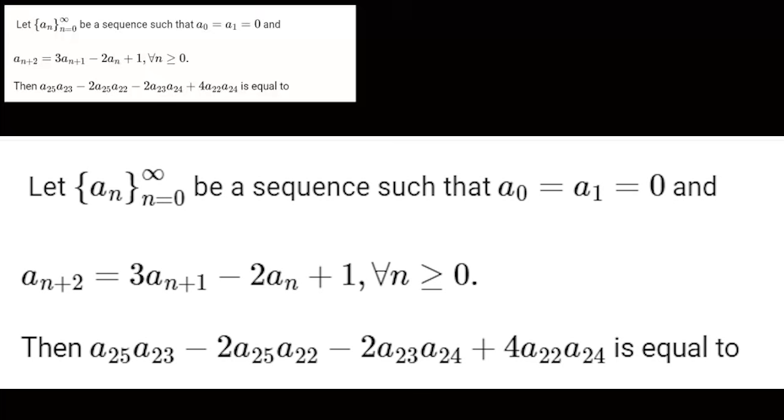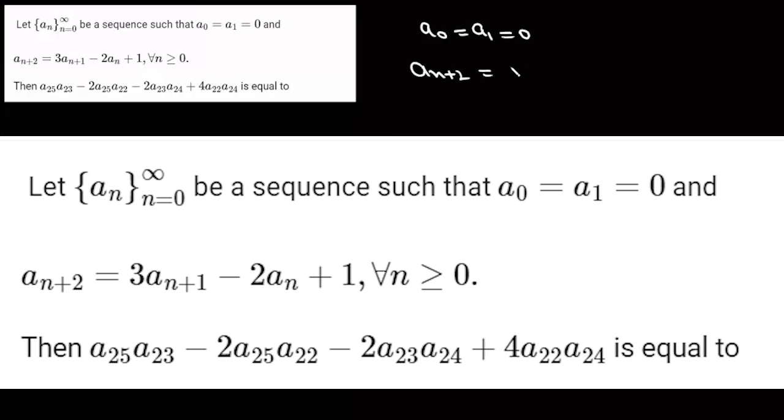Now here the question is, let a_n be a sequence such that a0 is equal to a1 is equal to 0. And we are given this recurrence relation, which is a_{n+2} is equal to 3 times a_{n+1} minus 2a_n.